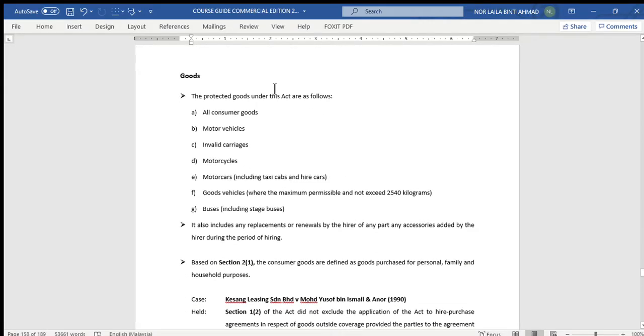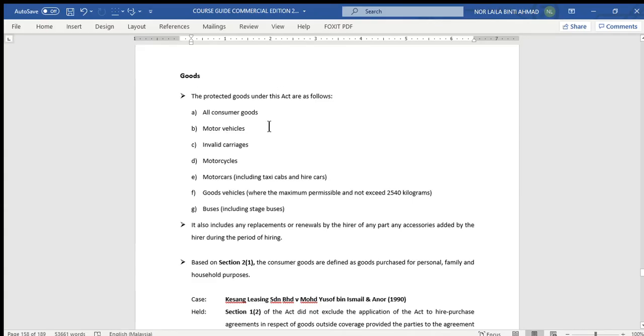Okay, so this is the definition of goods based on the schedule of the Act. So these are the goods that are protected under the Hire Purchase Act. Okay, so it includes all consumer goods, including electrical appliances, okay, gadgets, okay, all goods.